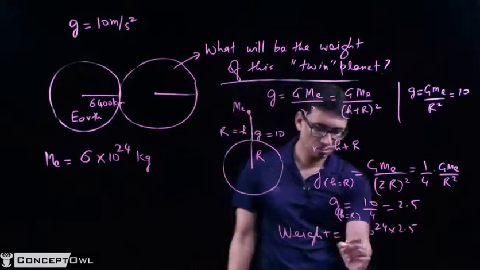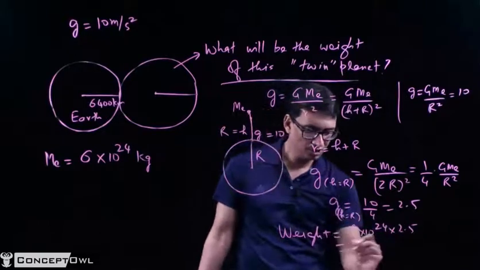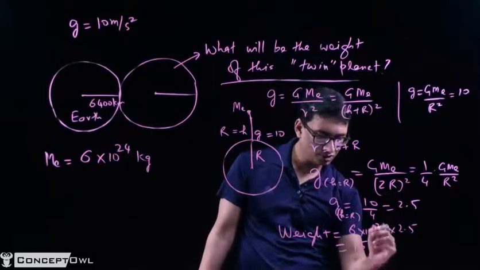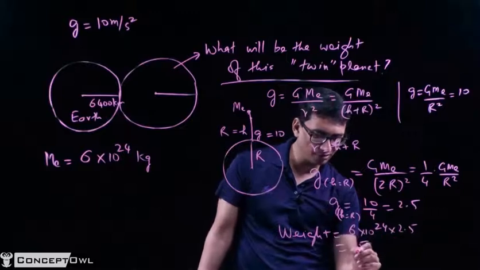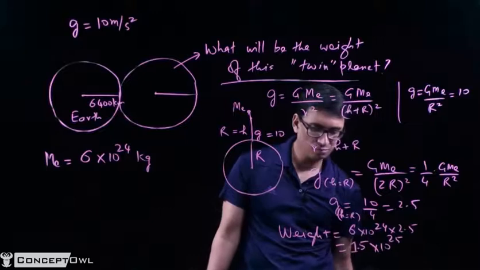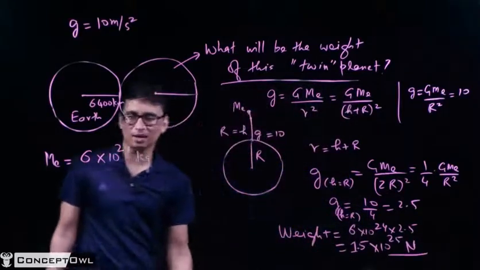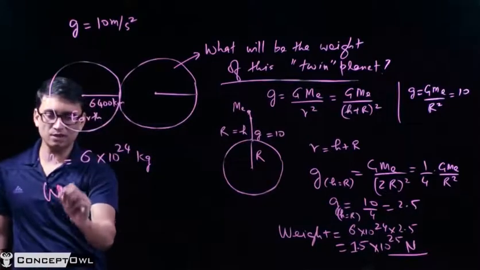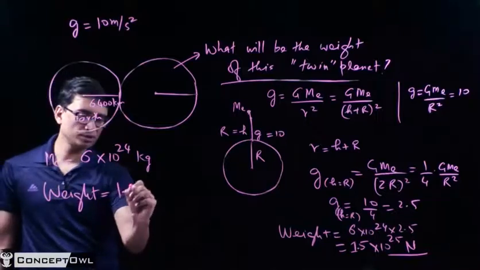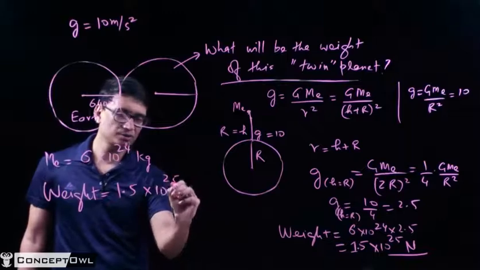This is 6 times 2.5, which is 15, so 15 into 10 to the power 24, or I can say 1.5 into 10 to the power 25. What units? Newtons. This is the answer. So the weight of the twin planet is equal to 1.5 into 10 to the power 25 newtons.